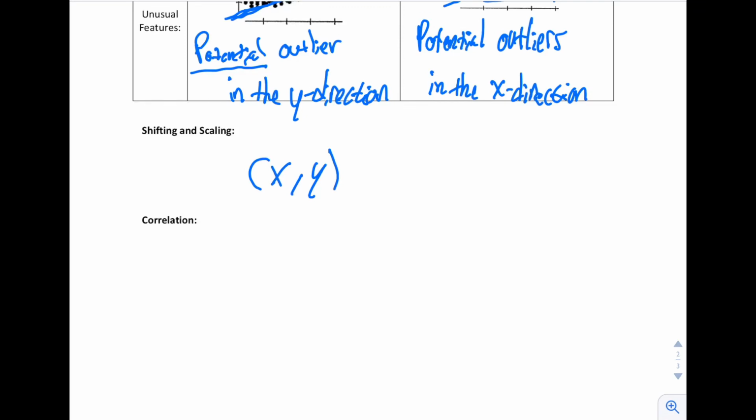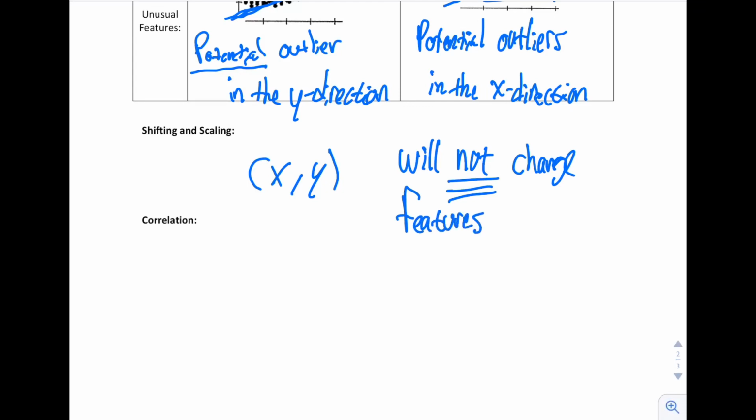But it's actually not going to change the features of the scatter plot. That's all I want you to know for now, and we'll get more into this in later chapters.